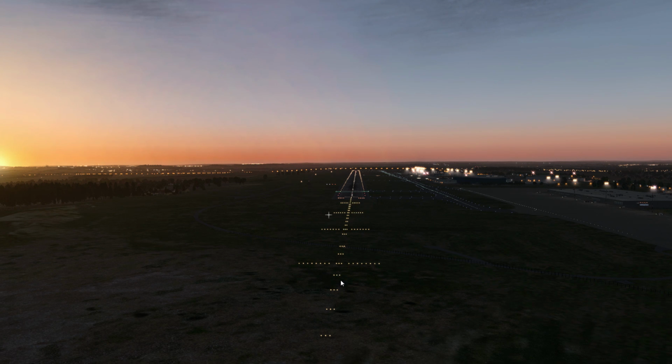It starts out from, if I remember correctly, 3,000, is this 3,000 feet? 3,000 feet. 3,000, 2,000, 1,500. Yes, that seems right. Okay, so this is 3,500 feet out.